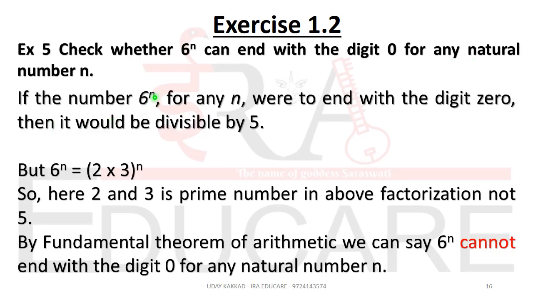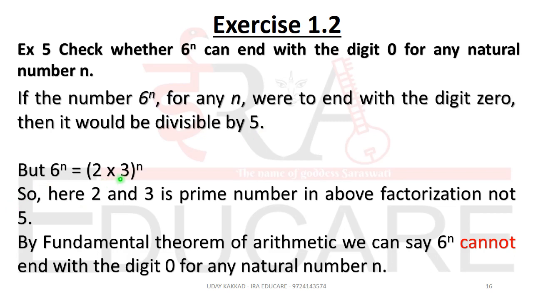Now if 6 raised to n for any n ends with the digit 0, then it would be divisible by 5. Yes, all this is discussed in example number 5.